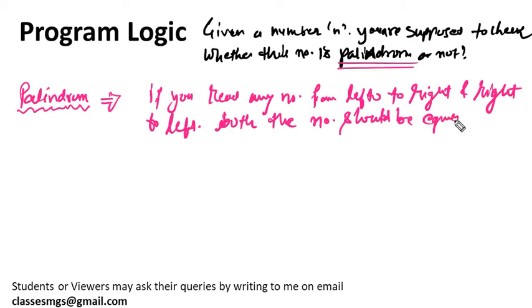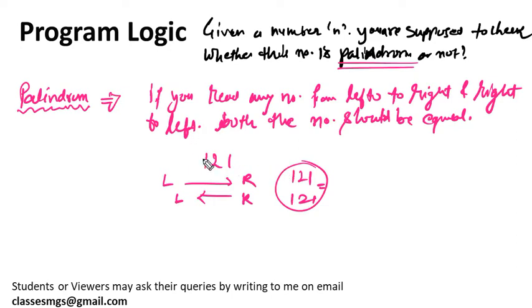Suppose 121. If you read it from left to right, it is 121. If you read from right to left, then also this number is 121 only. So if you read any number from left to right and right to left and get the same number, then this is a palindrome.